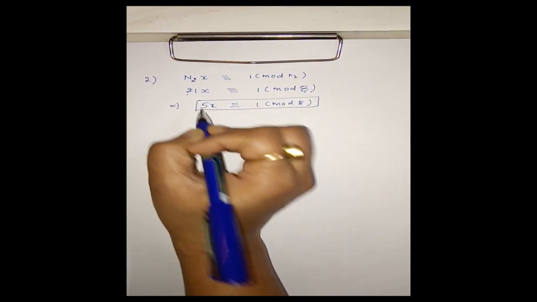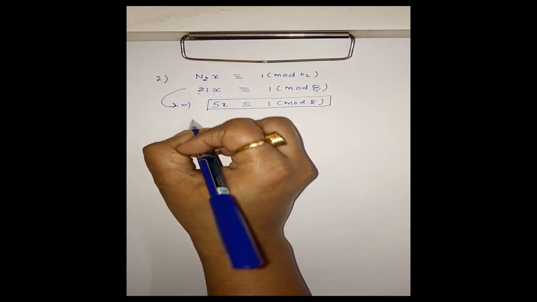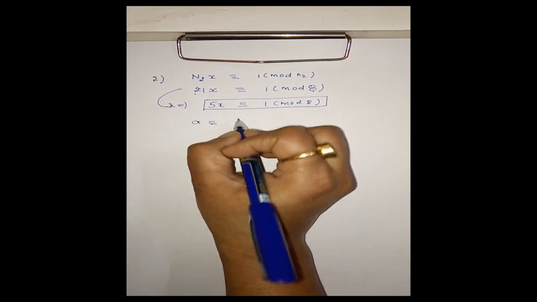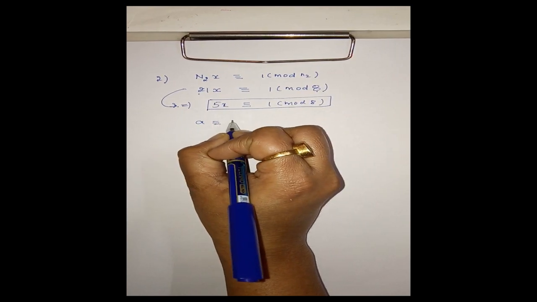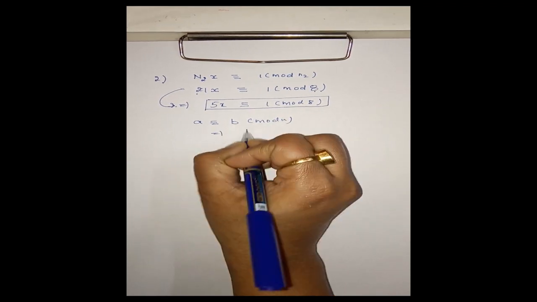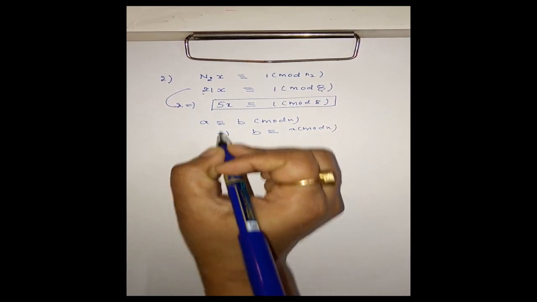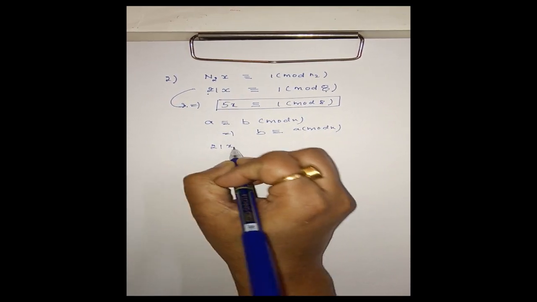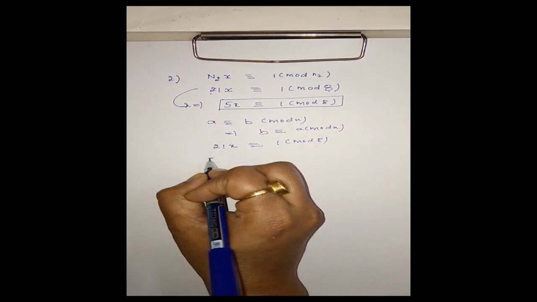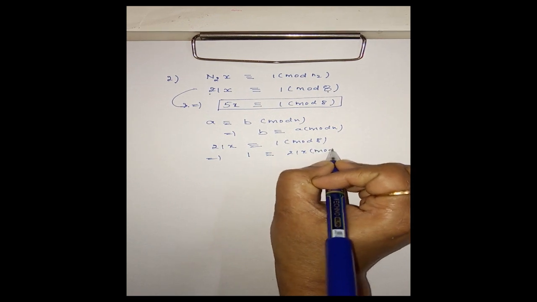Now we will solve this. We have reached from this step to this step using the commutative property of the congruence relation. We know a is congruent to b modulo n implies b is congruent to a modulo n. Therefore 21x congruent to 1 modulo 8 can be written as 1 is congruent to 21x modulo 8.